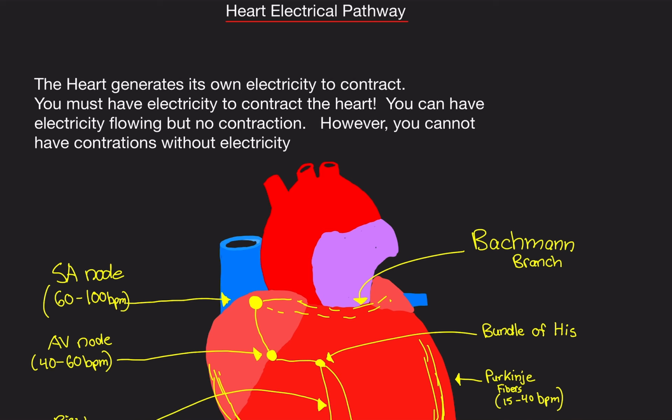There are pacemaker cells in the heart that generate electricity. And what happens is the electricity travels down the heart, hitting every single muscle cell, which causes it to contract so we can push blood throughout the body. So the heart can generate its own electrical signal, its own electrical activity, without the use of the brain.